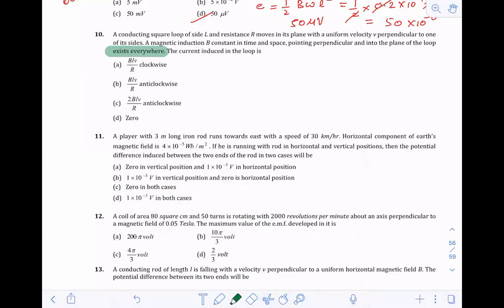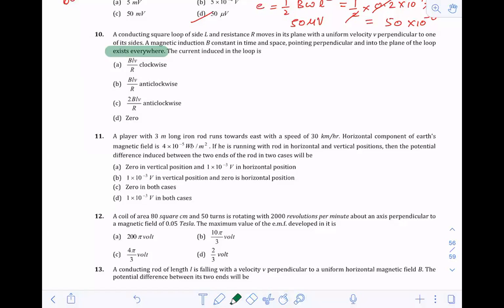So when that loop is moving, a constant flux passes through it.